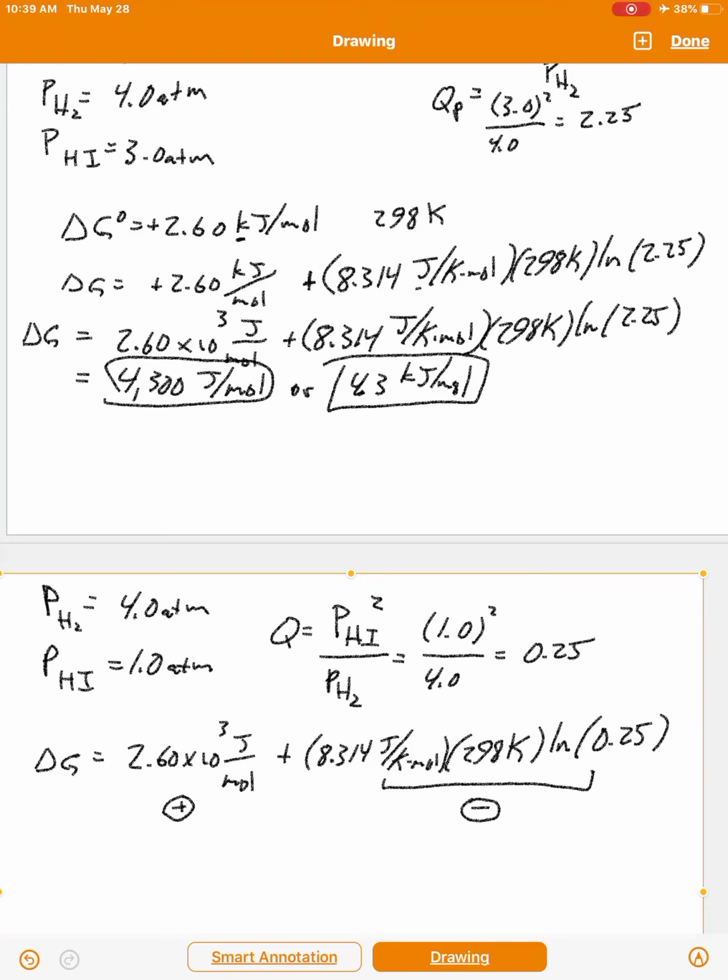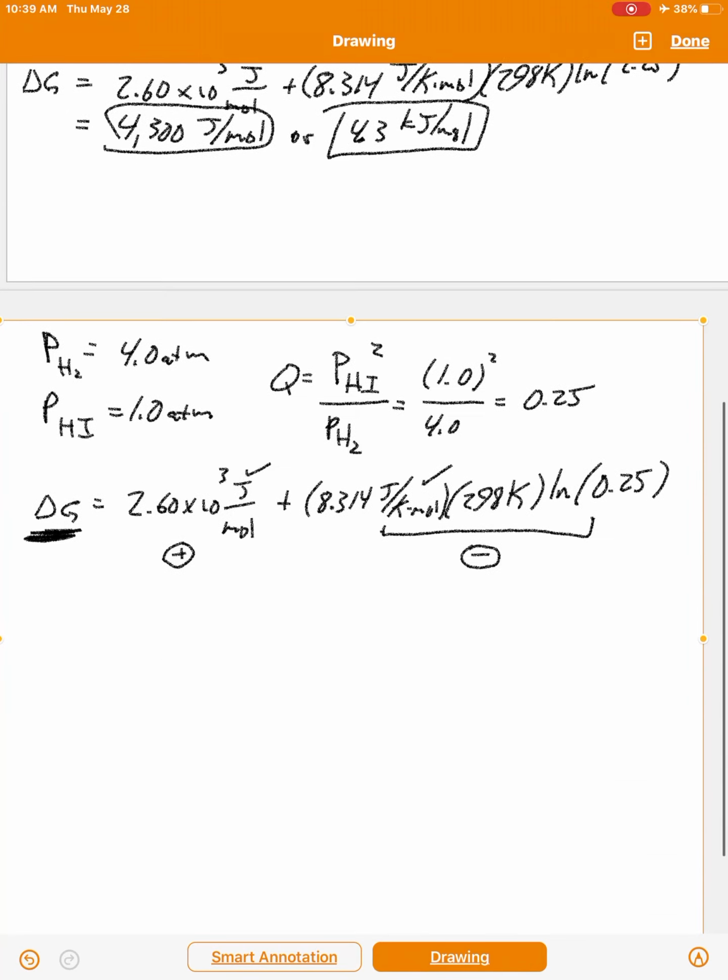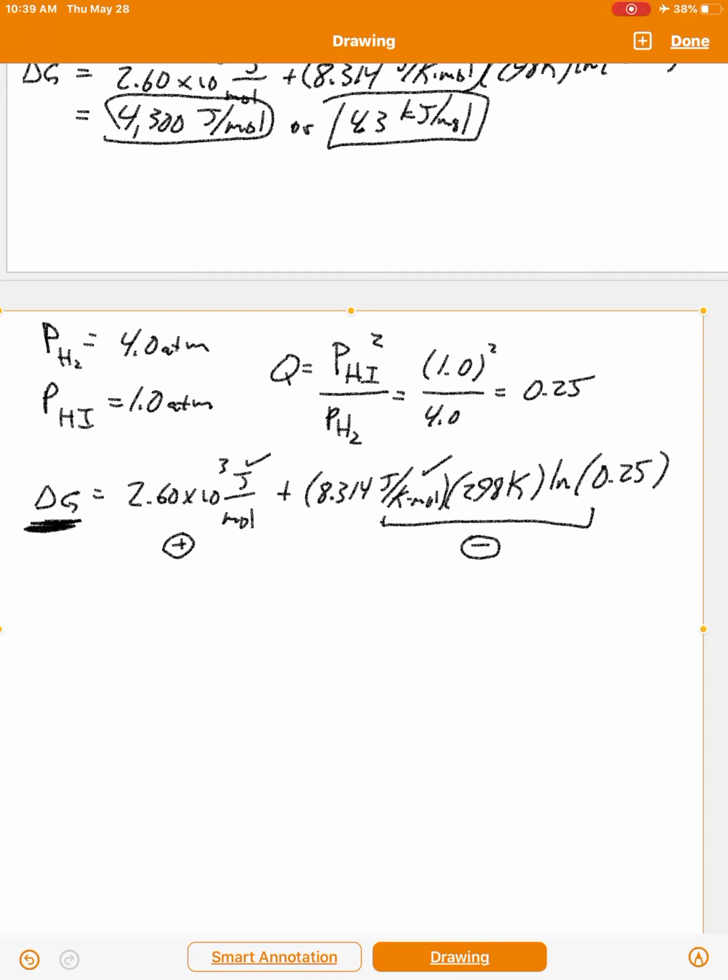If this term here is more negative than this one, then overall this will be negative. If overall delta G is negative, that means it's spontaneous. And that's exactly what happens. What this becomes is overall negative 800 joules per mole, which is in kilojoules per mole, negative 0.8.